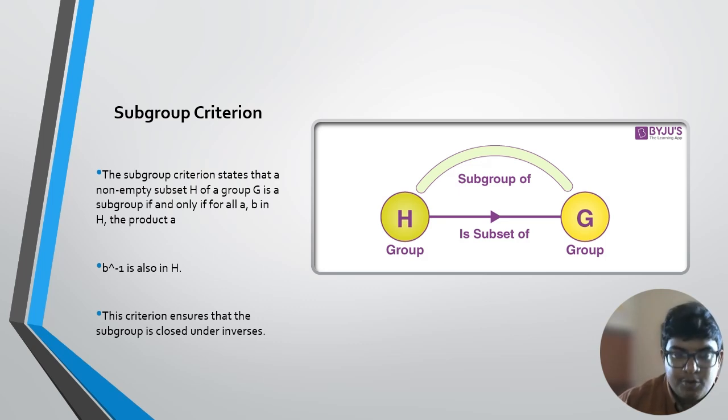The non-empty subset H, which is not empty and is a subset of G, is a subgroup if and only if this holds for all a and b in H. Only then does it satisfy the subgroup criterion. This criterion ensures that the subgroup is closed under the inverses.